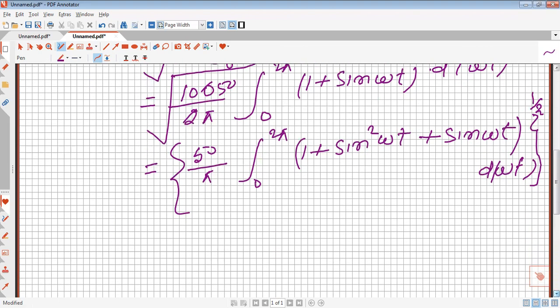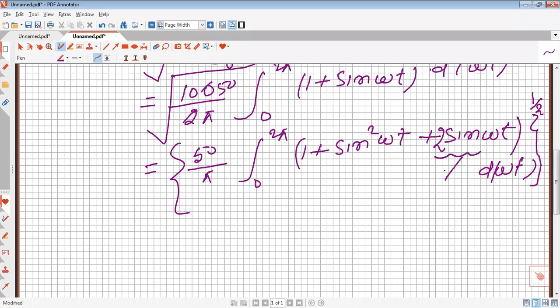Now you see this relation, this is again a periodic function, so its average value will be 0. We have to convert this sine square theta to 1 minus cos 2 theta by 2. Its average value will be 0 because it is integrated over its period, and we just have to integrate these two things, 1 plus sine square omega t.